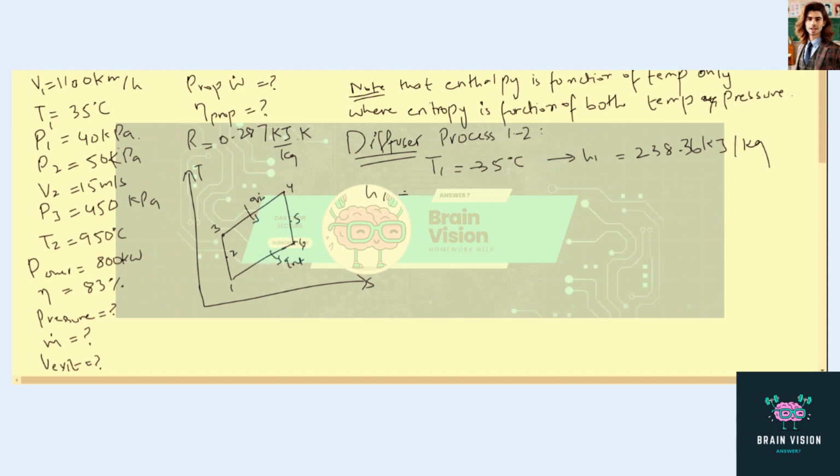H1 plus V1 square divided by 2 is equal to H2 plus V2 square divided by 2. We put the values here: 238.636 plus (1100 divided by 3.6) whole square divided by 2.